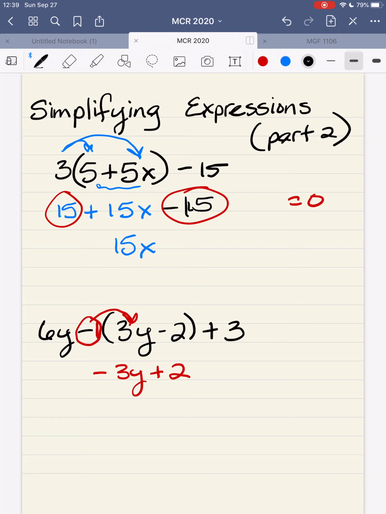I can drop the parentheses once I'm done, and I just add my other pieces back in where they belong. Here my like terms are next to each other, so I have 6y minus 3y. That will give me a 3y. 6 is bigger than 3, so it stays positive. And 2 plus 3 is plus 5, and then I'm done.